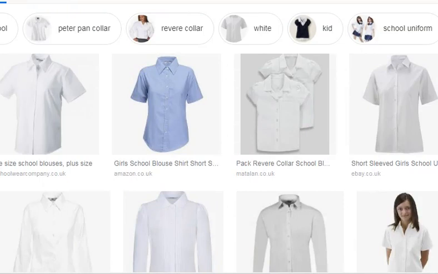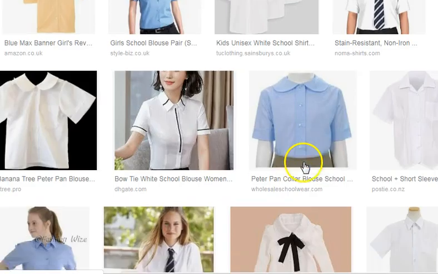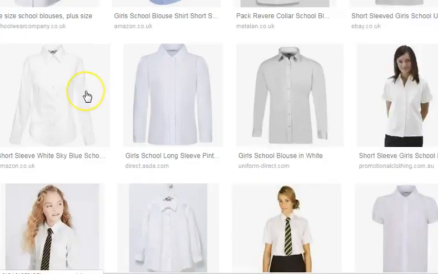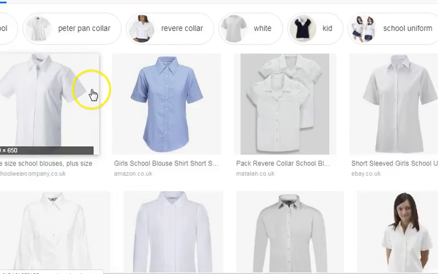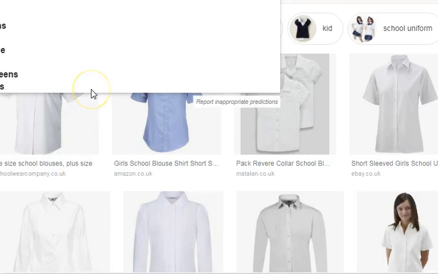Actually, I was thinking of combining that one with the school blouse, but I think it still looks good. So you try to partner that one with this one.